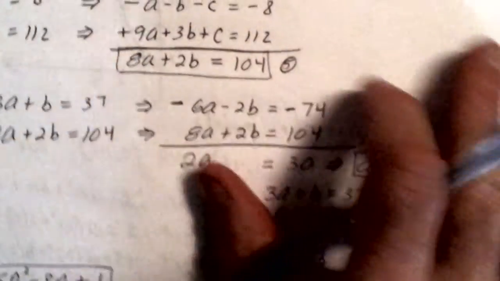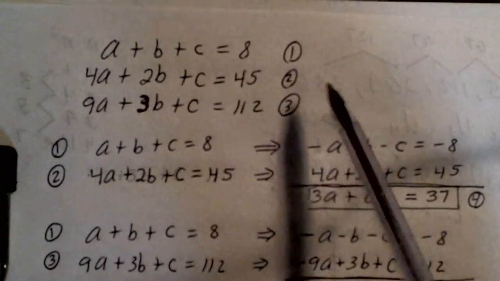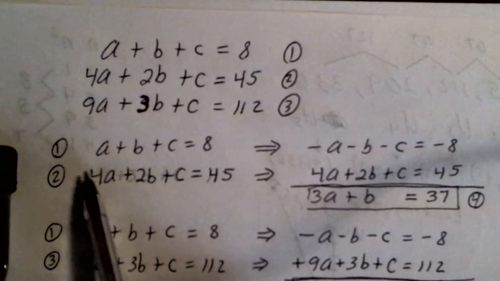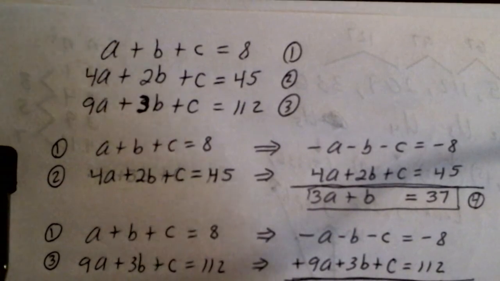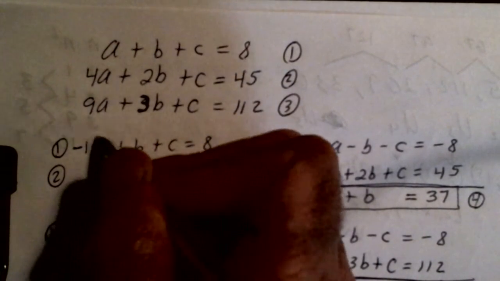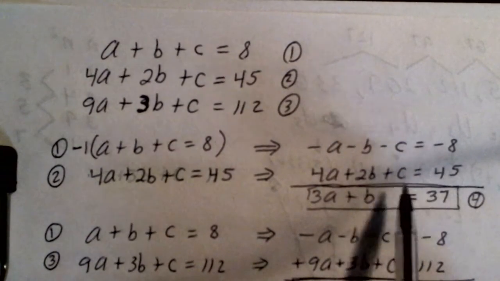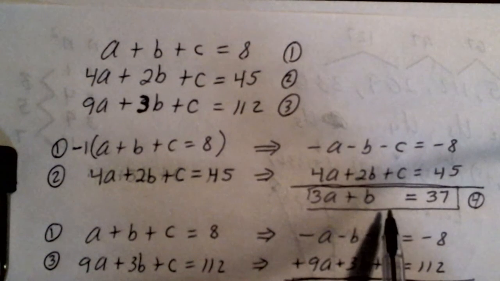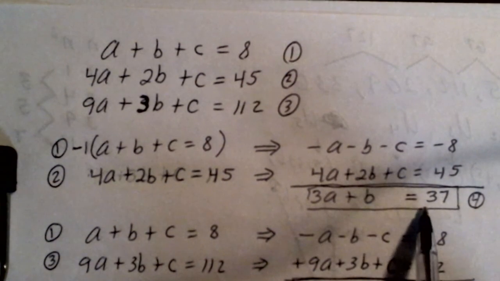So how do we solve for a, b, and c? Well, we have a system of 3 equations and 3 unknowns. I'll call these equations 1, 2, and 3. Suppose I pair up equations 1 and 2, and multiply equation 1, both sides, by -1. That gives me a new equivalent equation 1. When I add that to equation 2, c is eliminated, and I end up with a new equation, equation 4, which is 3a plus b is equal to 37.